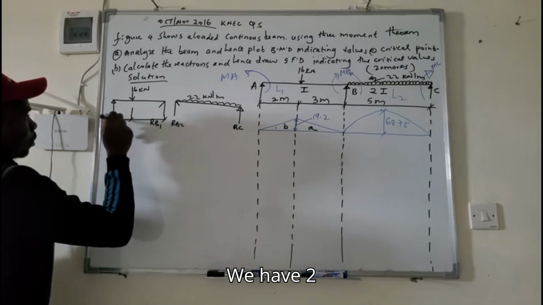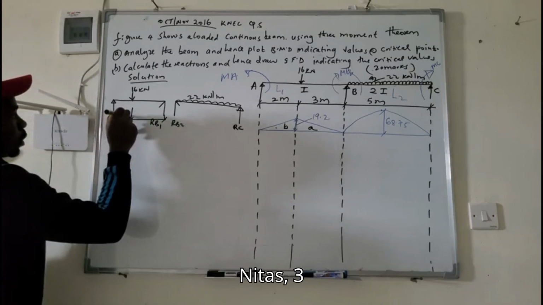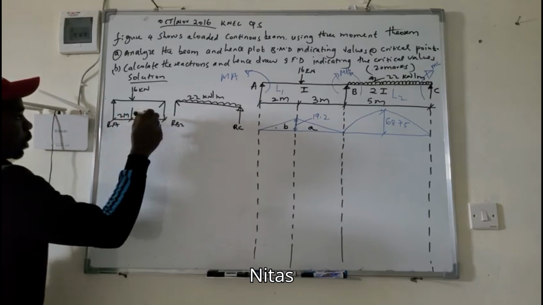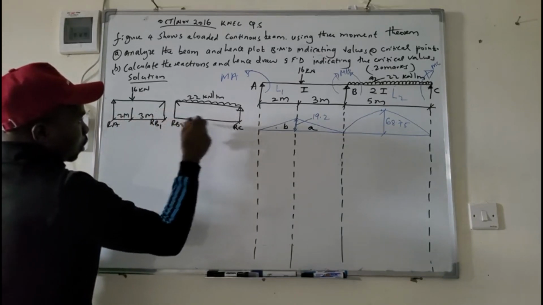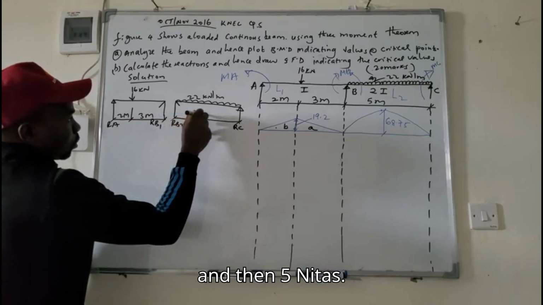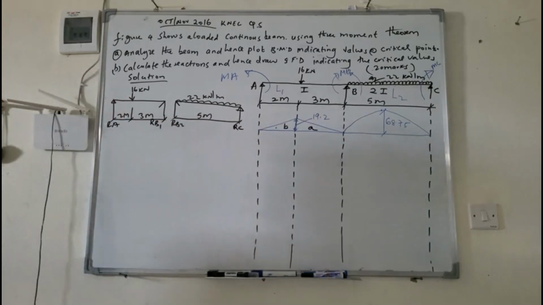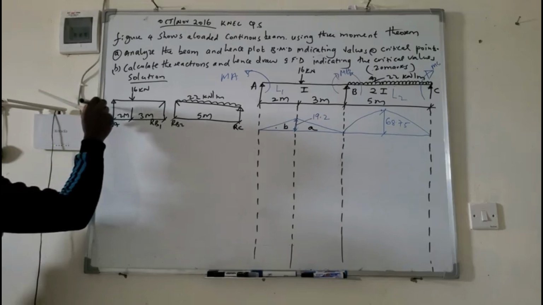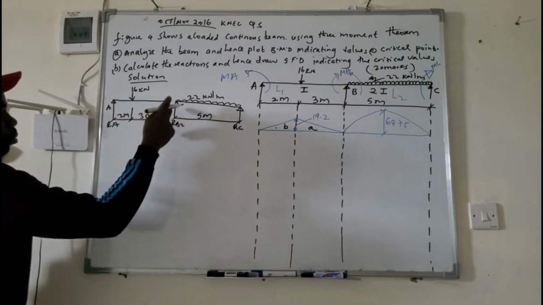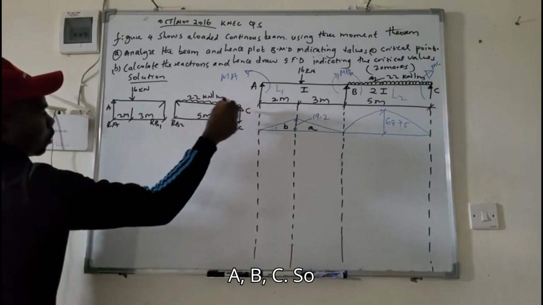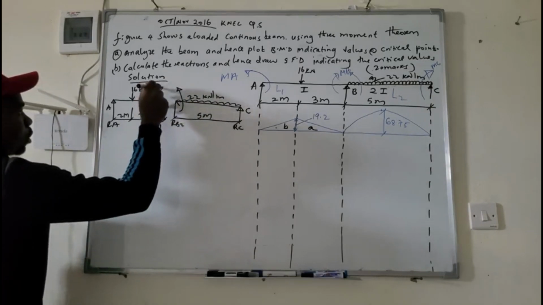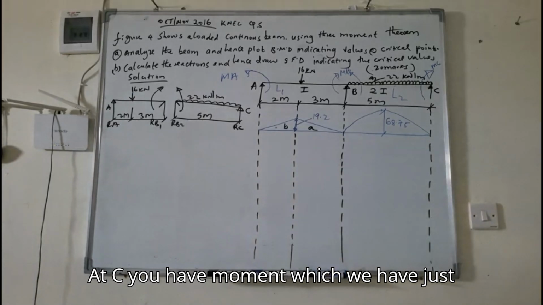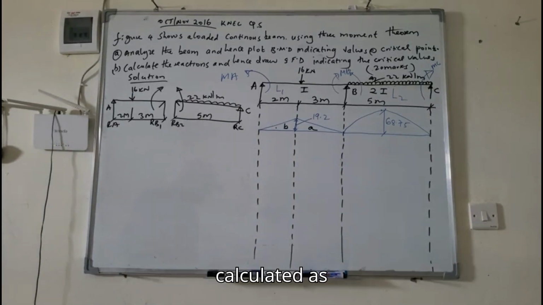So we have 2 meters, 3 meters, and then 5 meters. This is A, B, C. So at C, we have moment, which we have just calculated as 31.88.